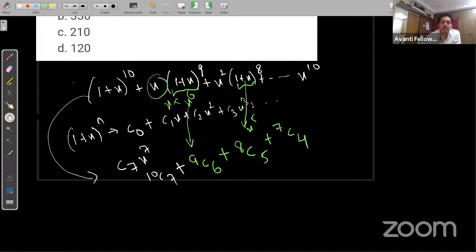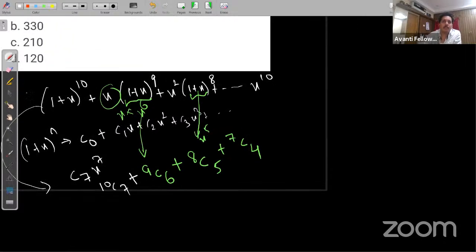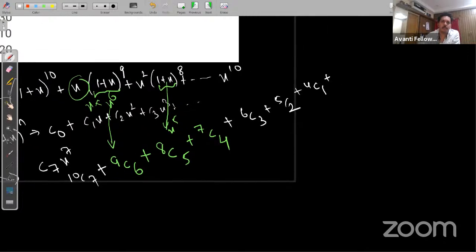7C4, till where you have to go, plus 6C3 plus 5C2 plus 4C1 plus how much? 4C1 means which one you will get? x power 7 into 1 plus x whole power 4, right?